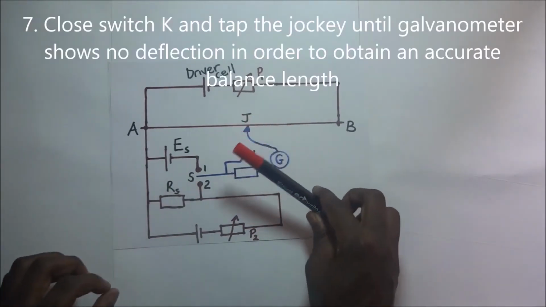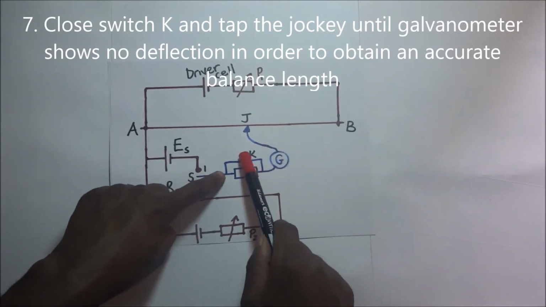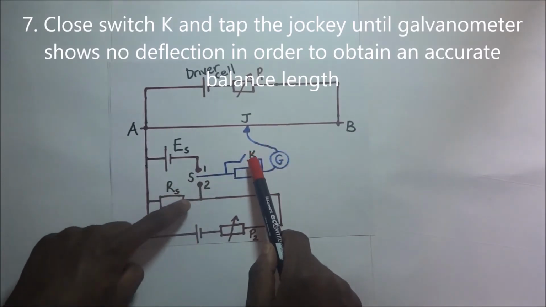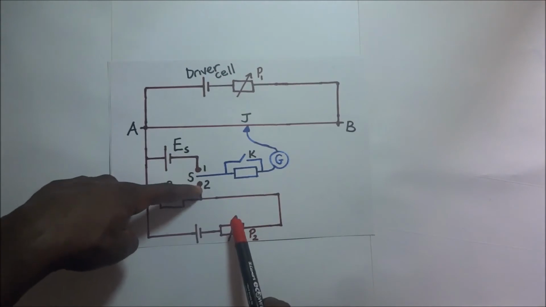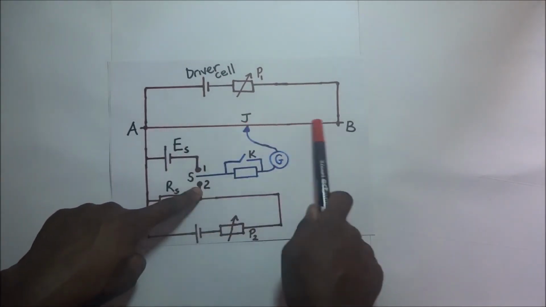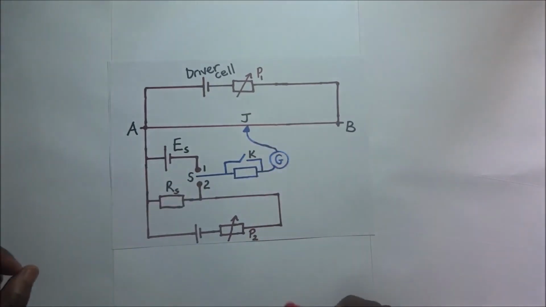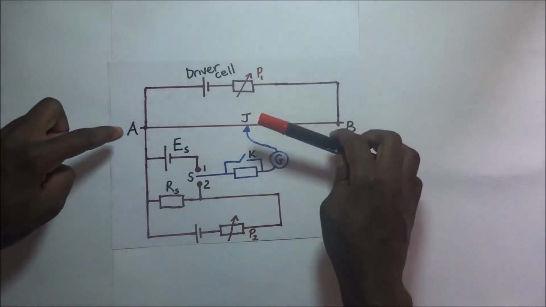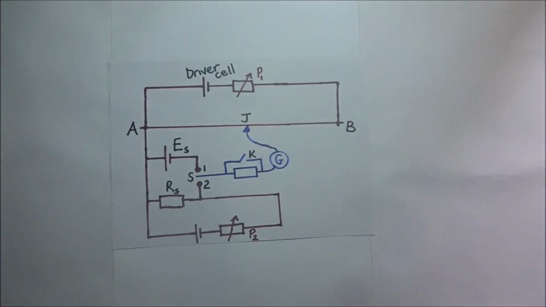So we go ahead and find the accurate balance length by closing switch K. When you close switch K while S is still connected to position 2, we still move this jockey along the slide wire AB until we get the accurate balance point. When we get the accurate balance point, we measure the accurate balance length corresponding to it, and we record it.